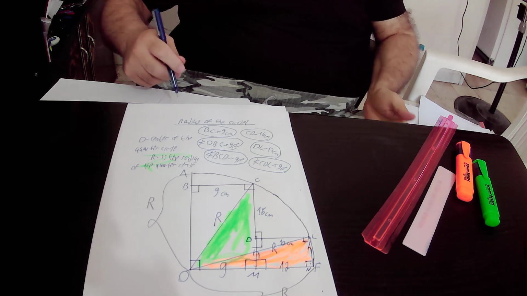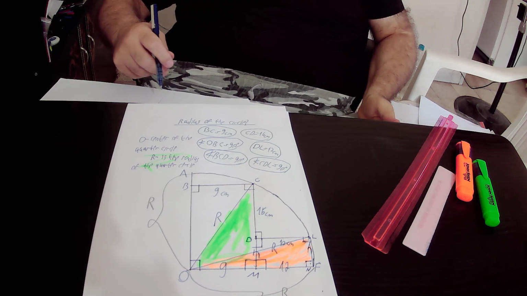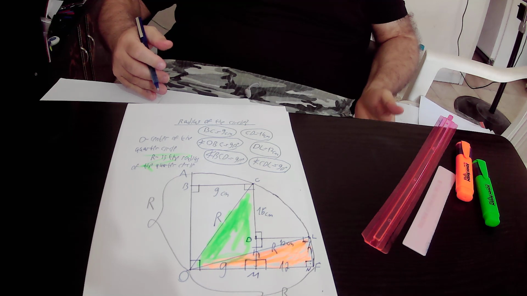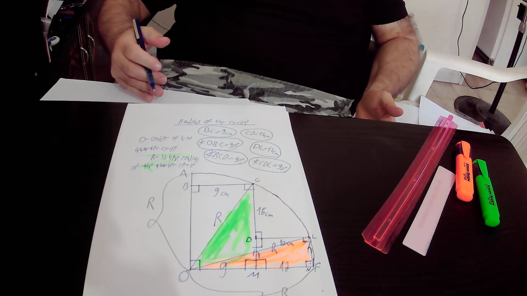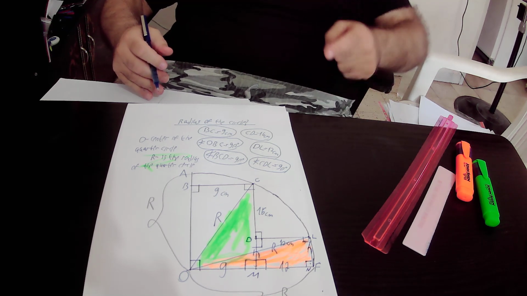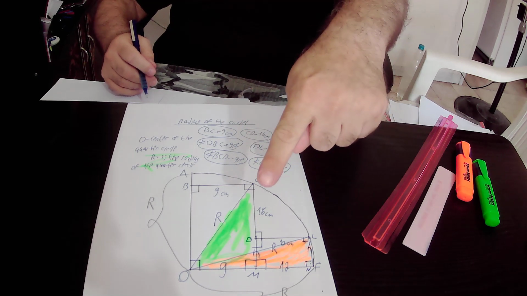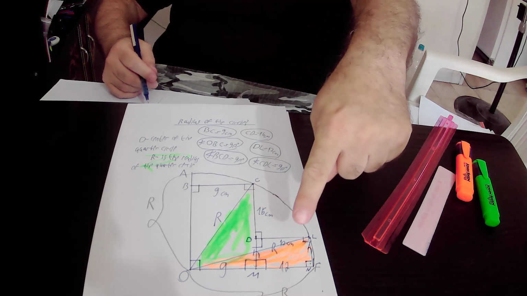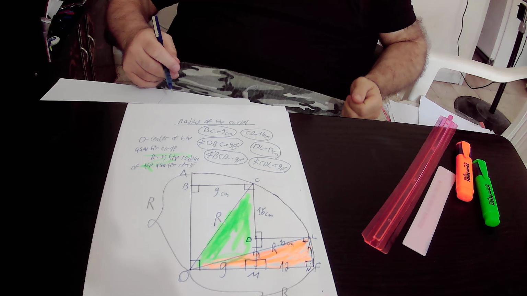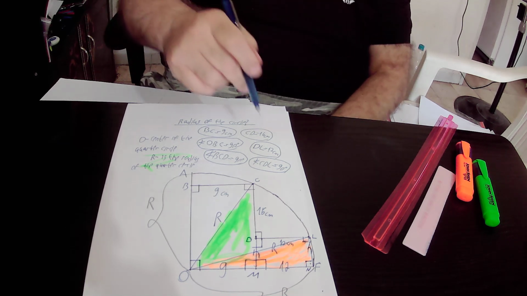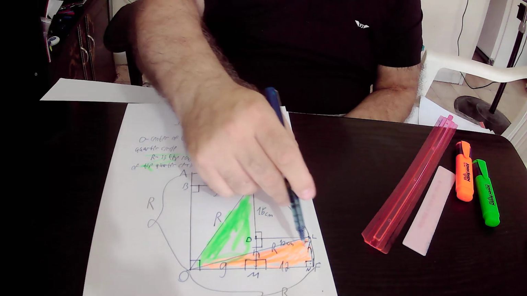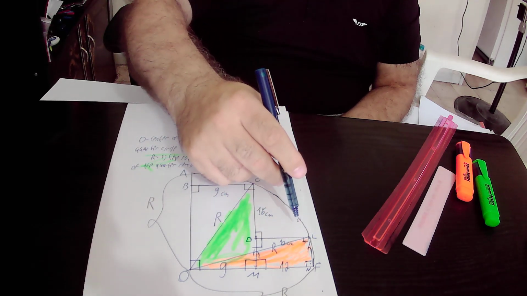OF will be a little bit longer than ON, which is equal to 9 plus 12, that is 21 units.